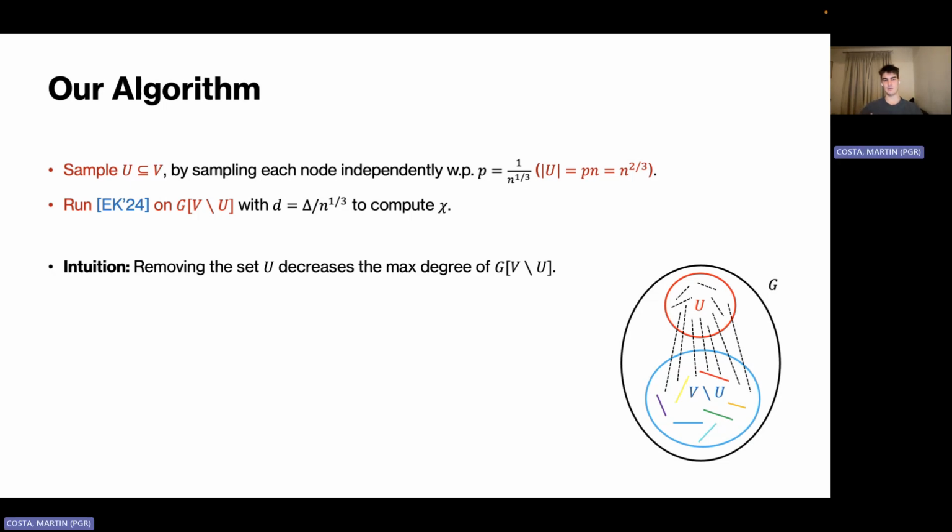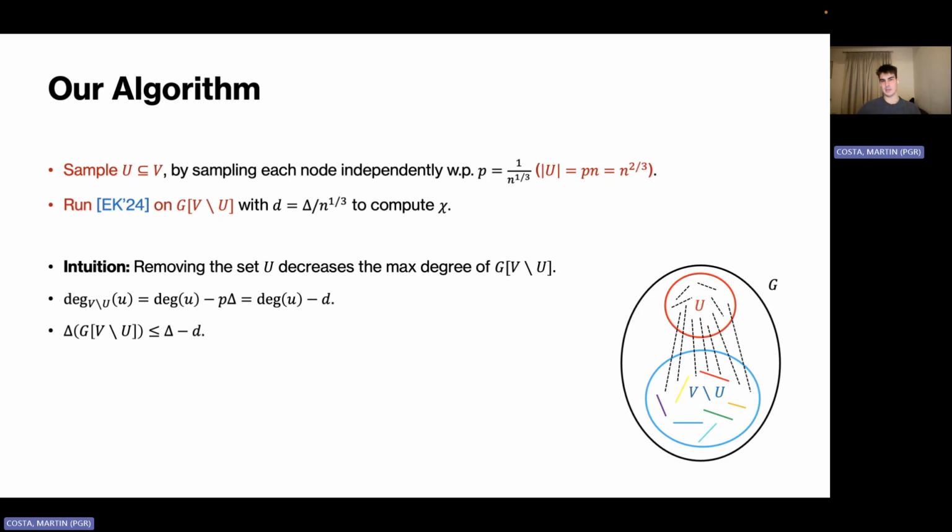The idea here is that removing these nodes in U and all of their incident edges reduces the degree of the graph induced on V minus U. In fact, it reduces it enough that you expect all of the degrees of the nodes in V minus U to fall by about d.